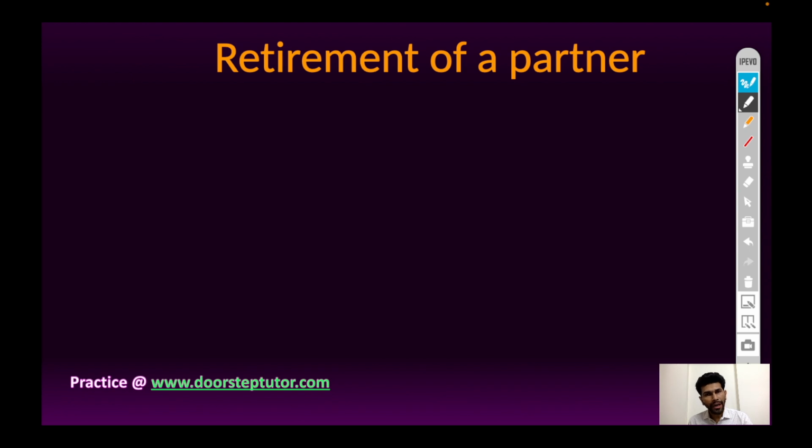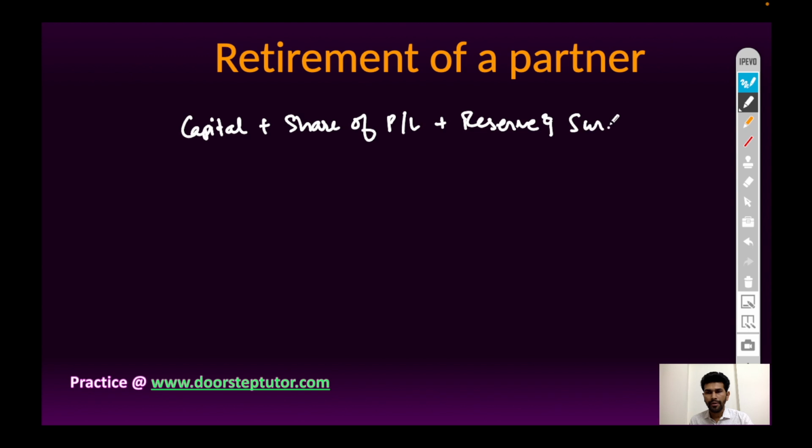At the time of retirement, the retiring partner, that is, the outgoing partner, will take away his capital, his share of profit or loss up to the date of retirement, and reserve and surplus.